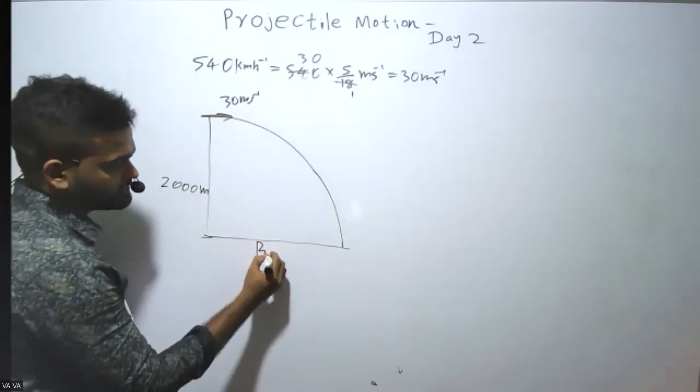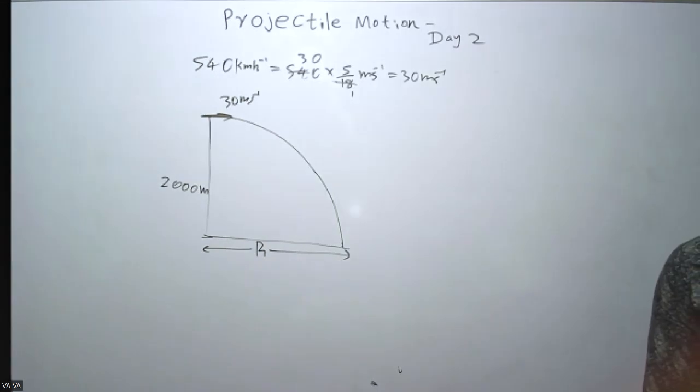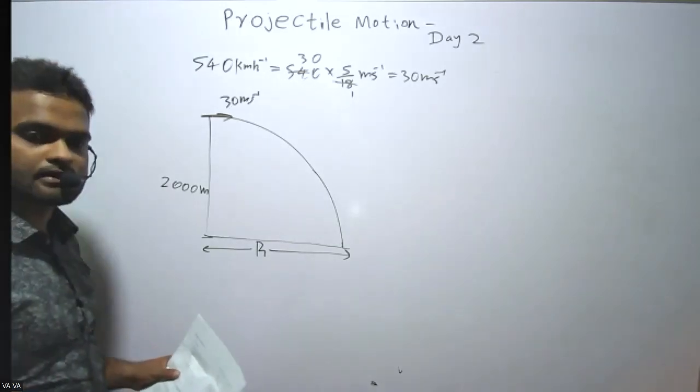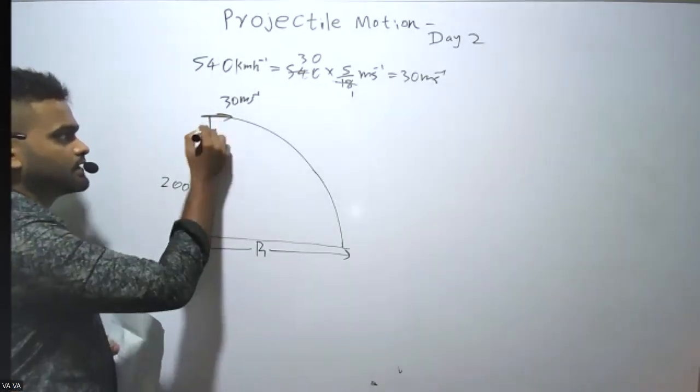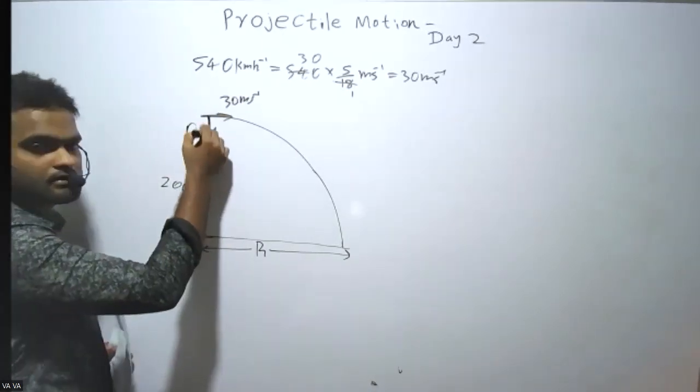So what they ask is this R. They are asking about a distance, right? So the initial velocity is completely horizontal, right? Vertical component is 0. Vertically downwards 0.